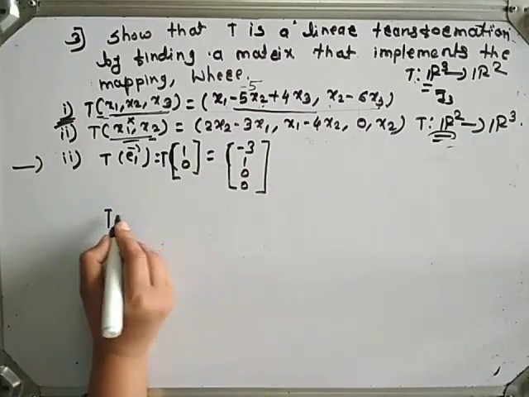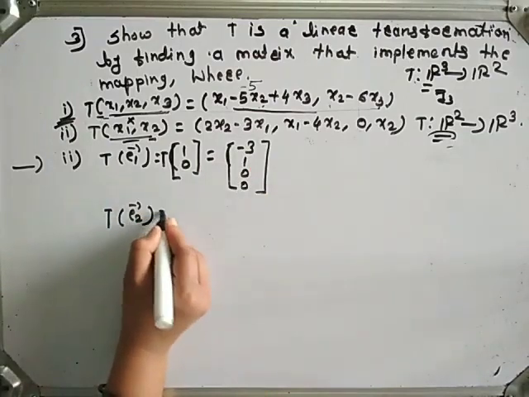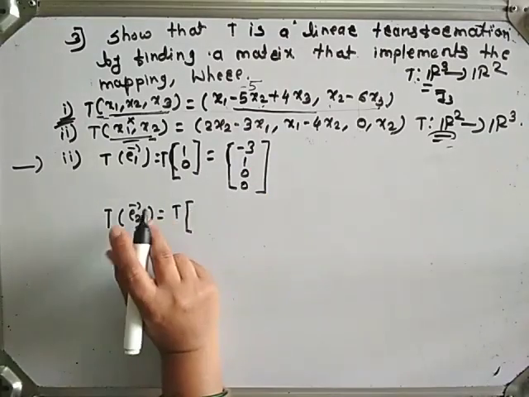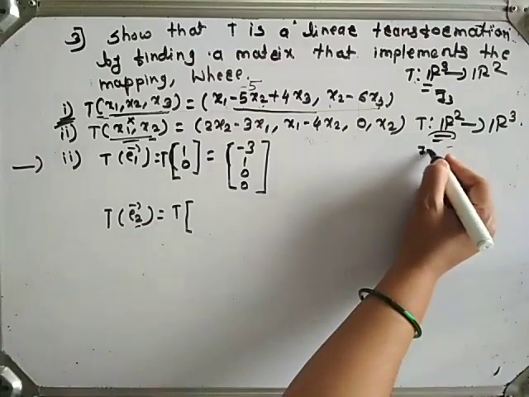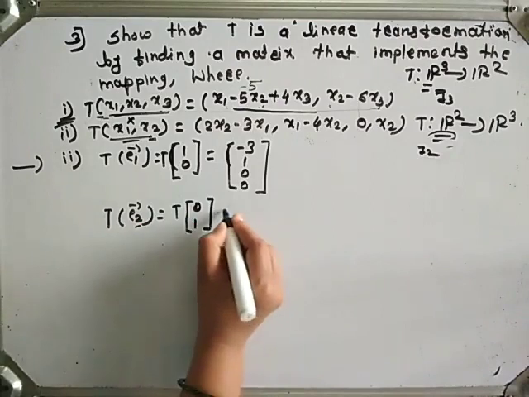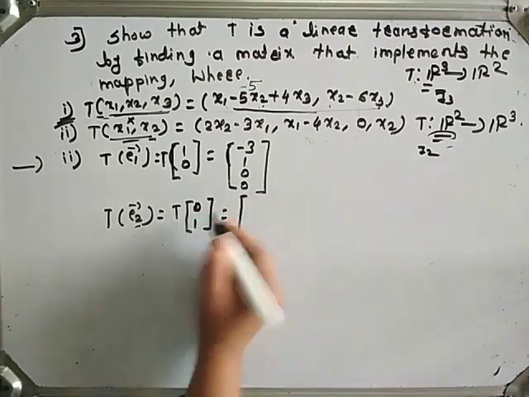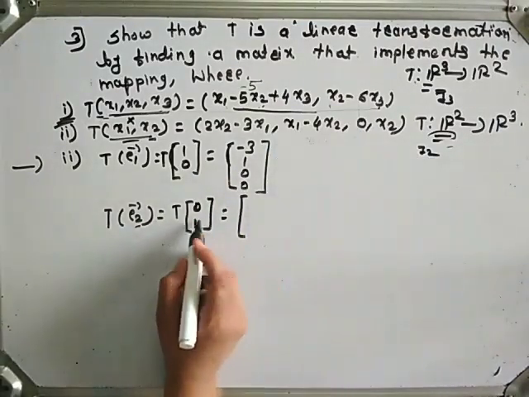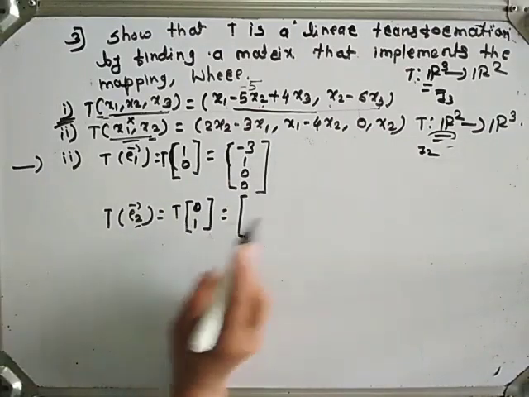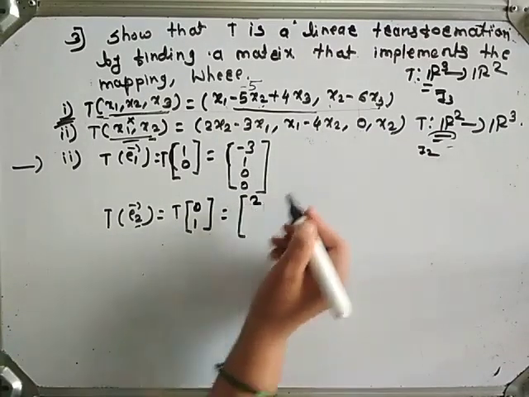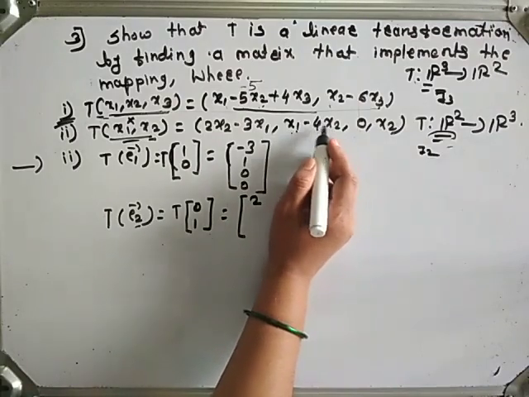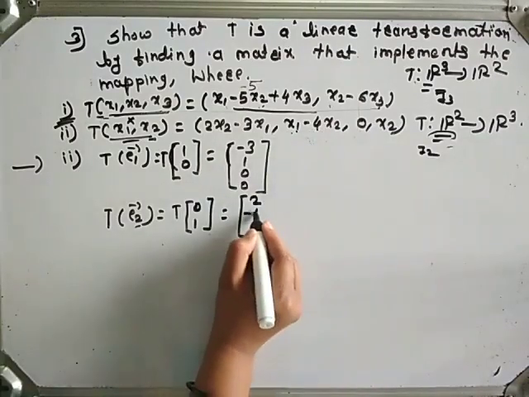T of E2 bar is second column of matrix I2, which is 0 1, which is equals to, put these values in this vector. You will get here x1 is 0, x2 is 1, so here is 2. Next is x1 is 0, 0 minus 4 into x2, so here is minus 4.